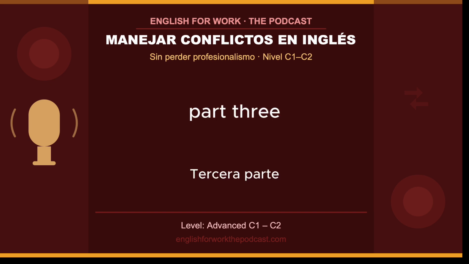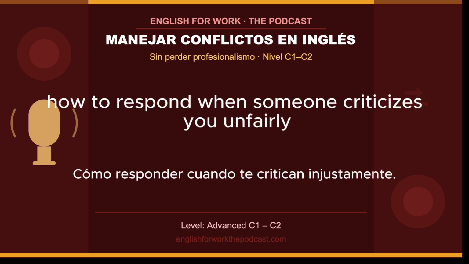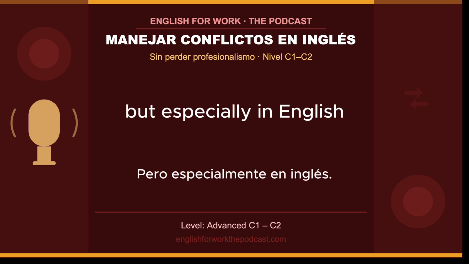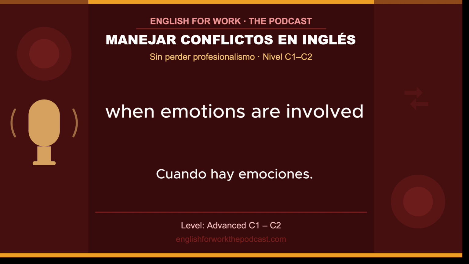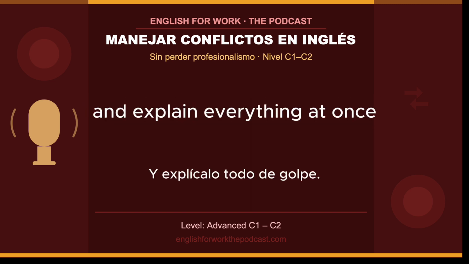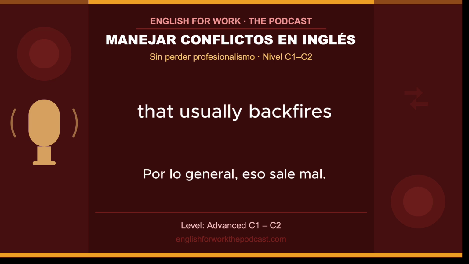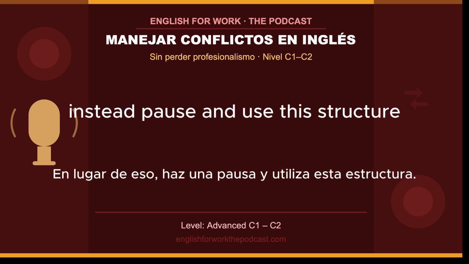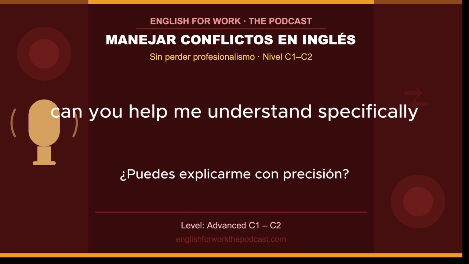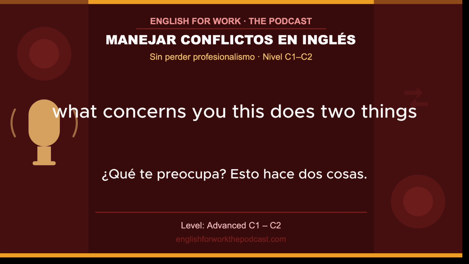Part 3. How to respond when someone criticizes you unfairly. This is hard in any language, but especially in English when emotions are involved. The instinct is to defend yourself immediately and explain everything at once. That usually backfires. Instead, pause and use this structure. "Thank you for the feedback. Can you help me understand specifically what concerns you?"